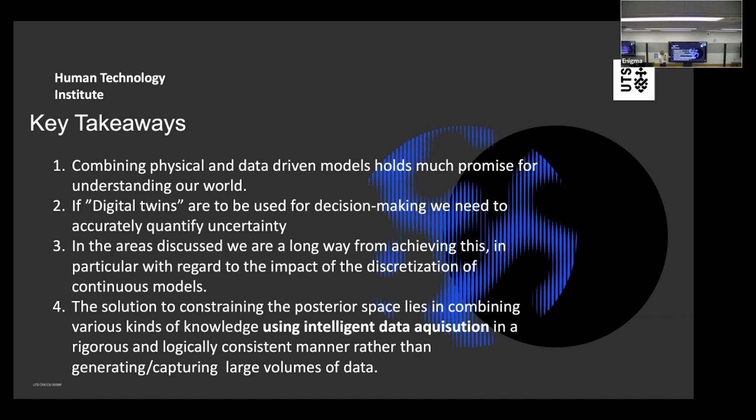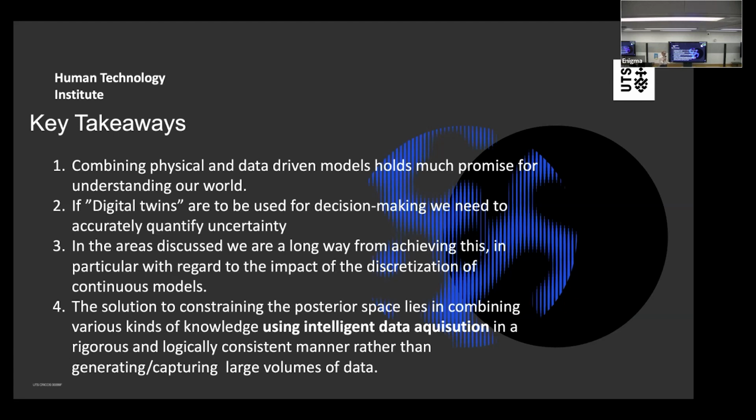And I've also come to the conclusion that in order to effectively explore this space, which is in fact confining it to something manageable, we've started to use what I've called intelligent data acquisition, which is just another way of saying Bayesian optimization, to figure out which particular data we should be getting rather than just using the volumes of data that are currently available.